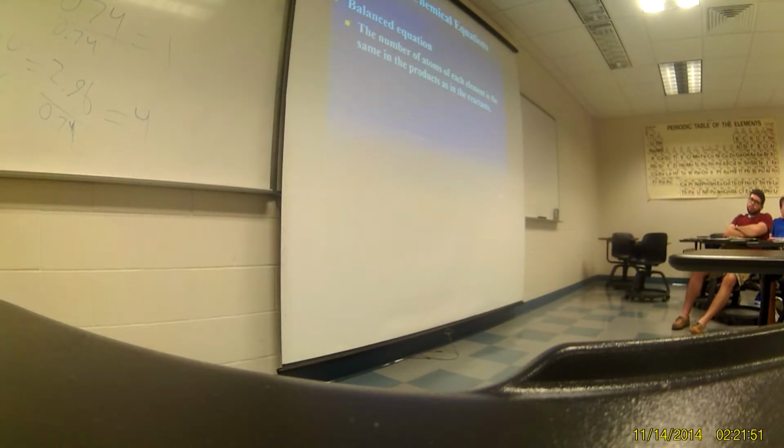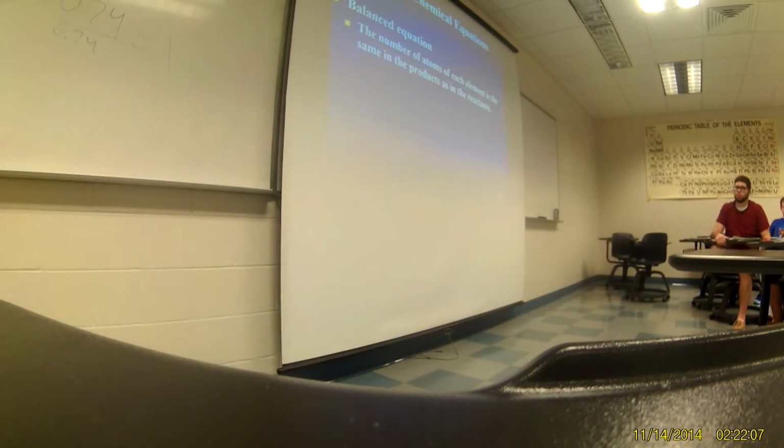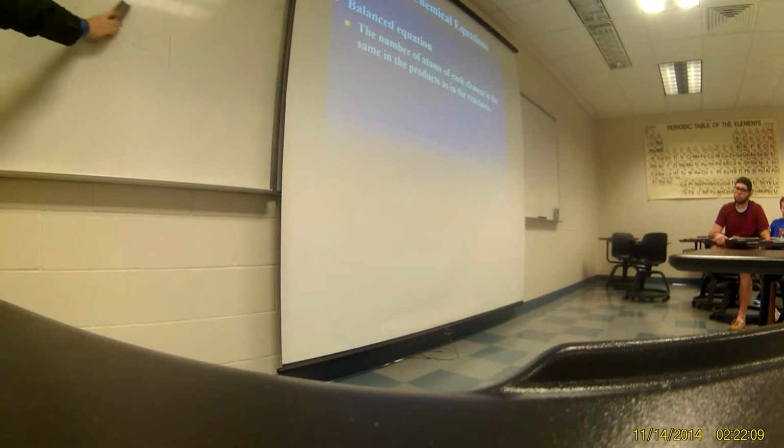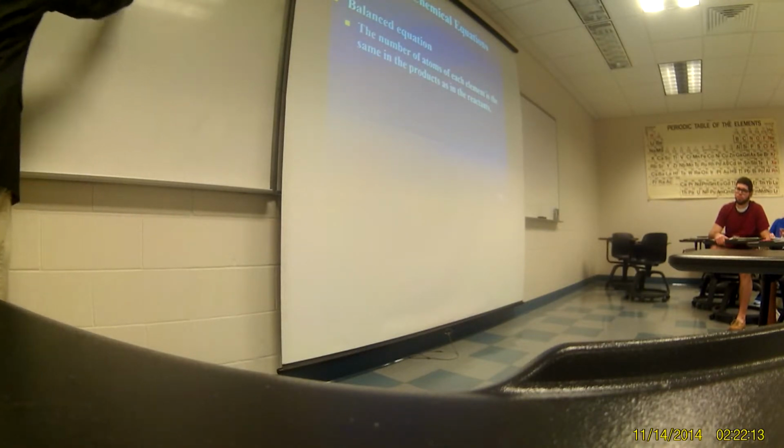So we're going to move on to chemical equations. A chemical equation is how we write a chemical reaction. So that's what we started talking about in the video. But before we can talk about specific reactions, we need to learn in general, how do we write that out?